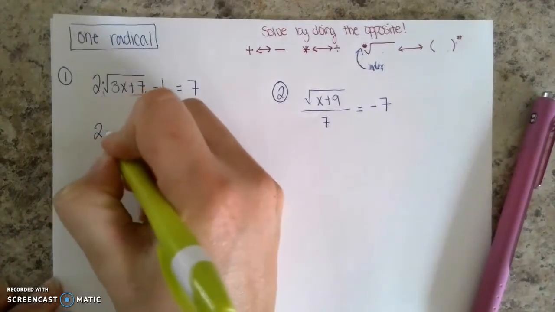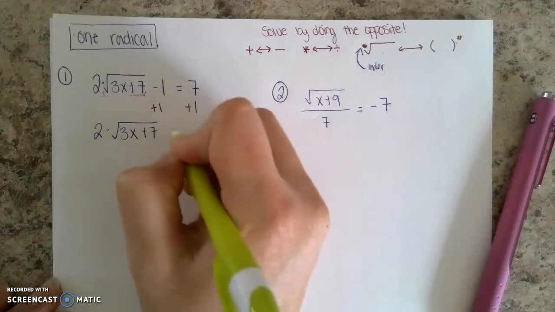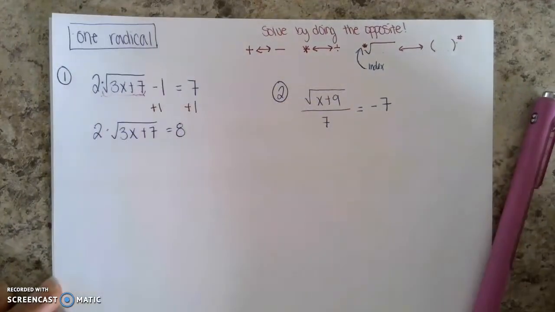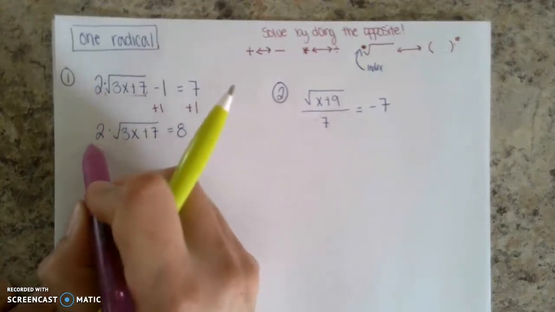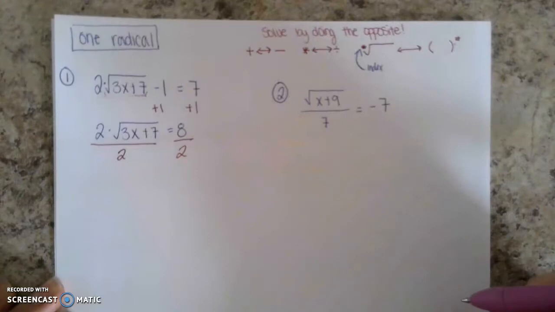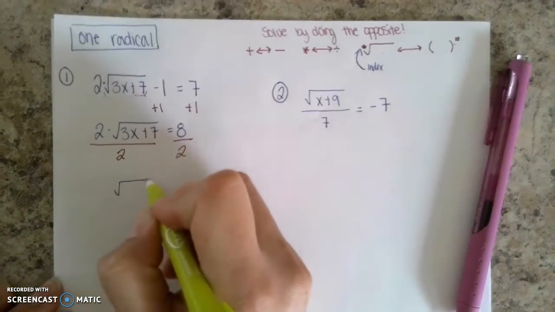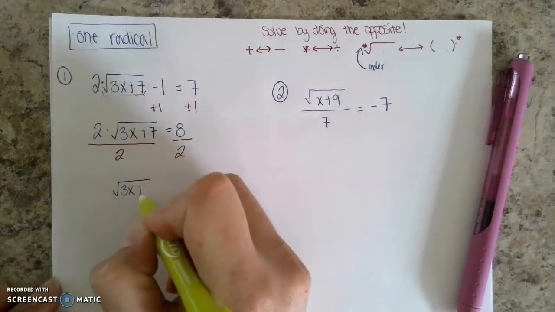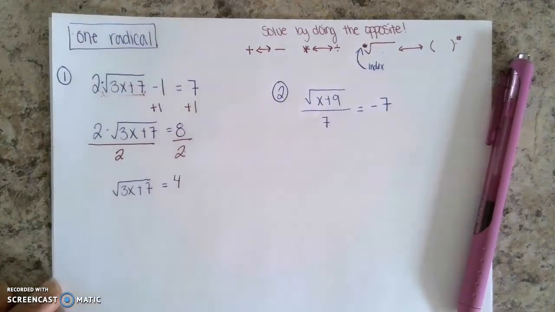So I get 2 times the square root of 3x plus 7 equal to 8. And then I want to undo multiplication with division. So I'm going to divide both sides by 2. So then I'm left with the square root of 3x plus 7 equal to 4.